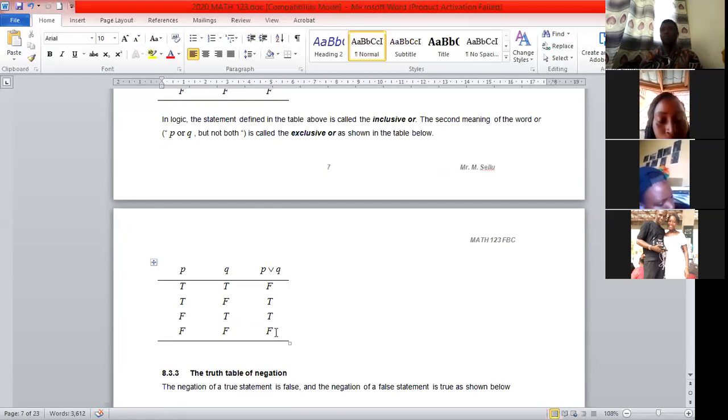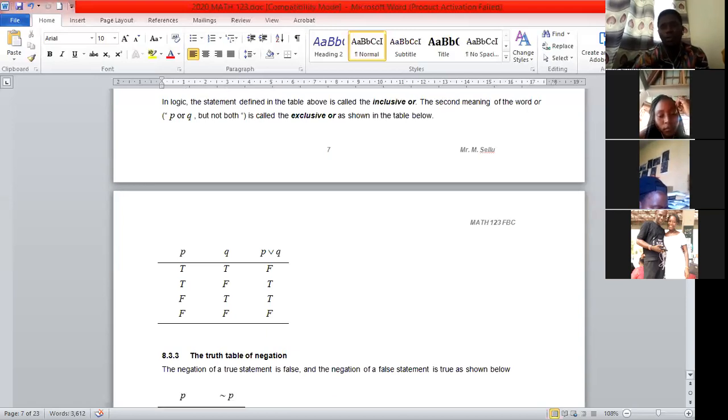So when you have true and true, the exclusive or is that the one should be the opposite of the other. Just like if I have a coin that has head or tail. It's not possible for me to get both head and tail. So that is false. It's not possible for me to get both tail and tail. That also is false. But if I get true, the other side is going to be false. That is true. And then if I get false, the other side is going to be true. Then that is true. That is what we refer to as what?